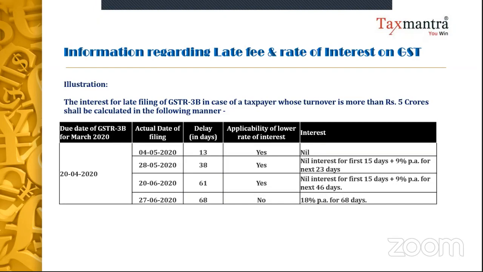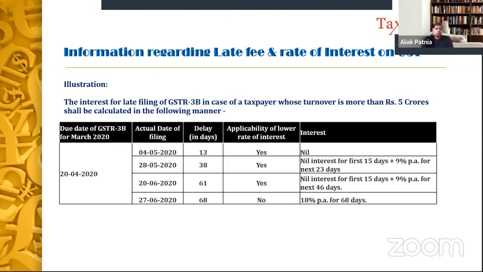If any taxpayer has less than 5 crore turnover, there will be no interest or late fees. So for the month of March, the due date for the GST filing would be the 28th of April.